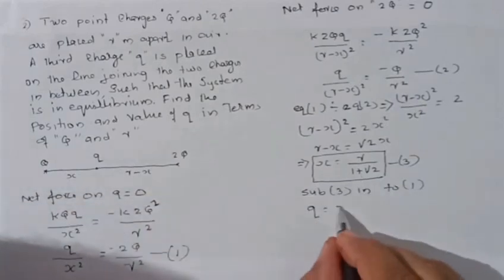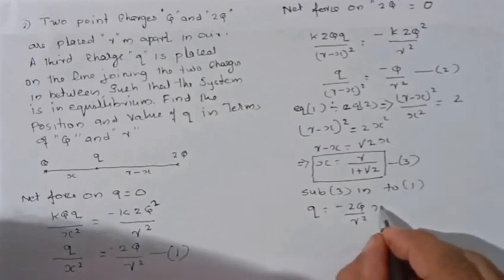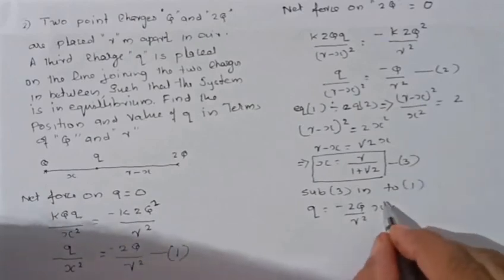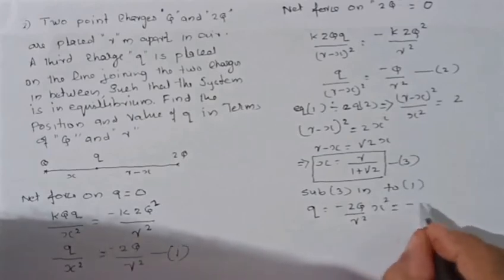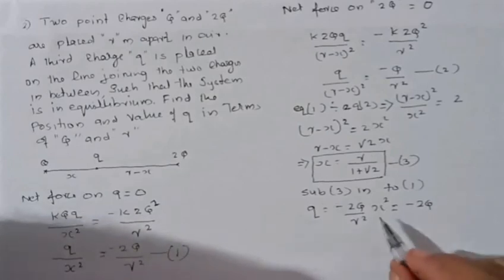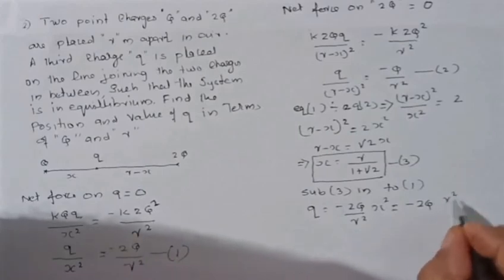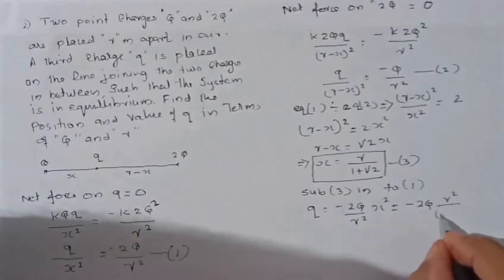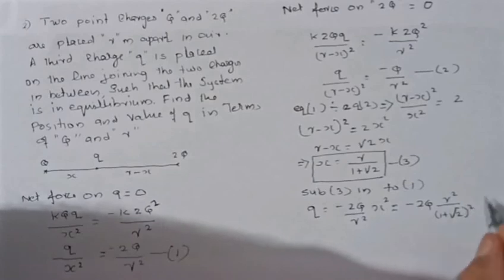So you will get q is equal to minus 2Q upon r square times x square, that is equal to minus 2Q times r square upon 1 plus root 2 whole square, times 1 upon r square.